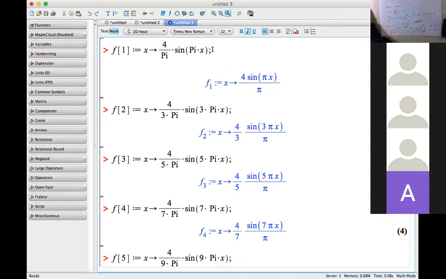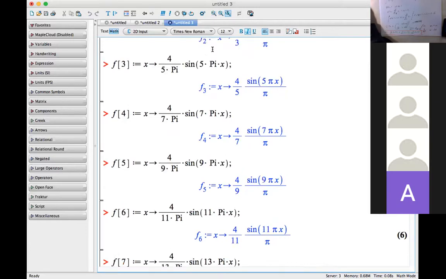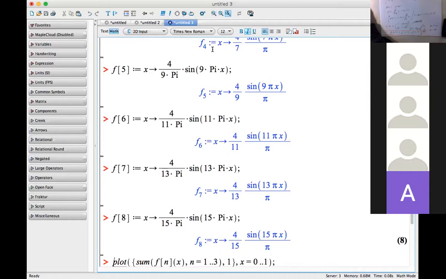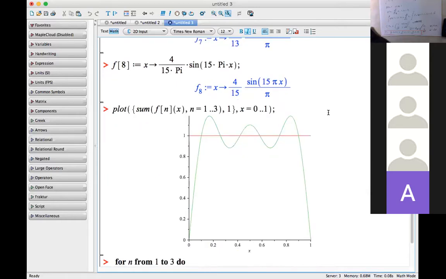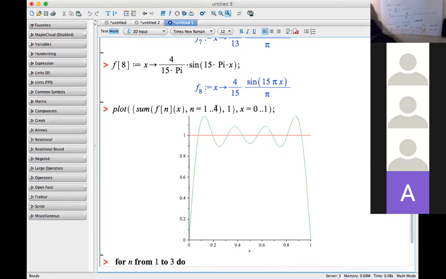Let's see. Perfect. Okay. So this is the sum of the first 3 functions. That's the sum of the first 4. And the idea is just to see how much better this approximates the constant 1.